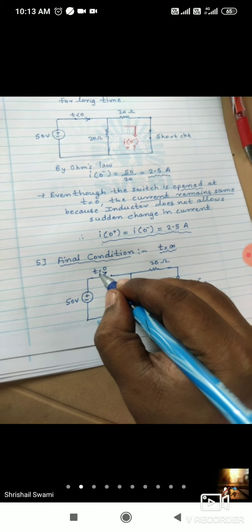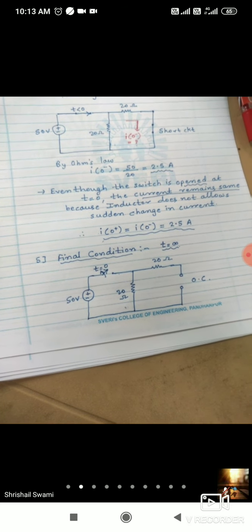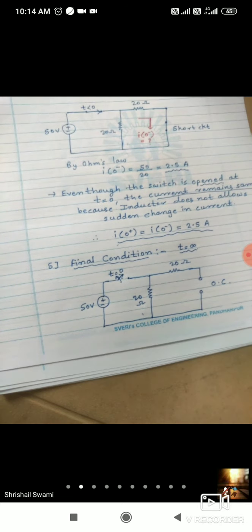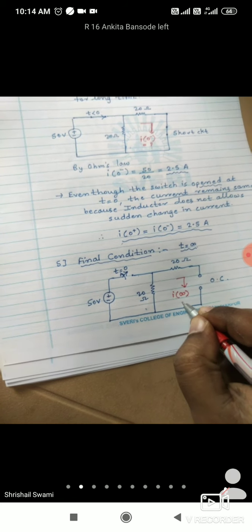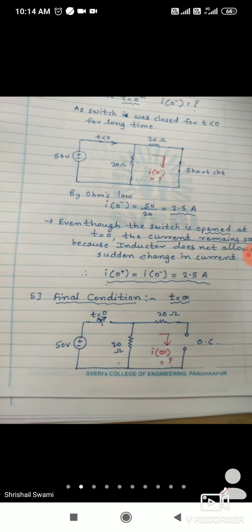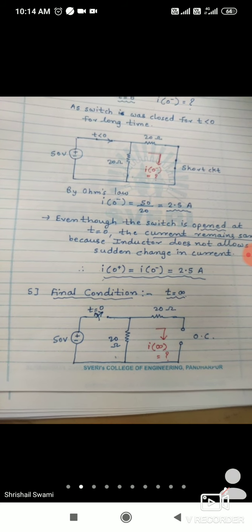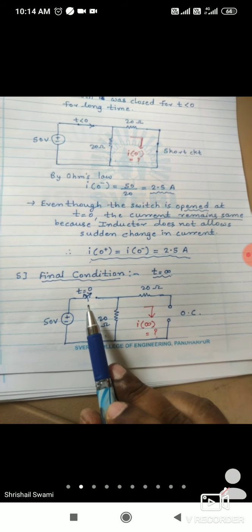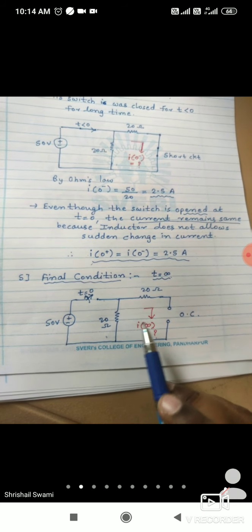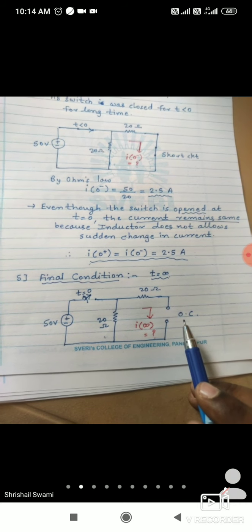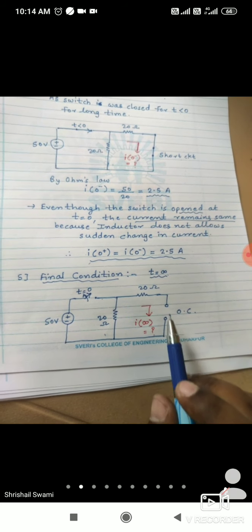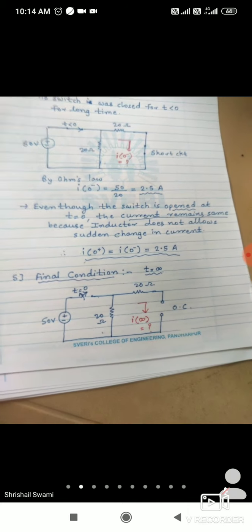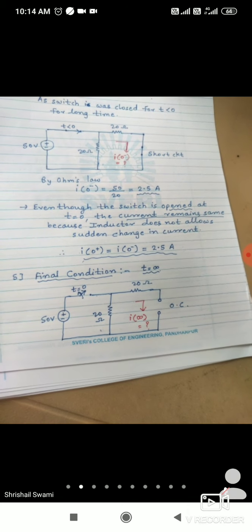So I will show the direction also. Now what will be the value of current? I of infinite. What is this current? Anyone? Supply is not connected, meaning here is an open circuit, and the inductor is open due to the final condition. So as t is equal to infinite, the inductor will act as an open circuit. Do you understand?